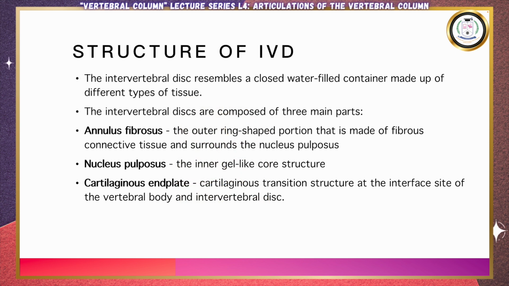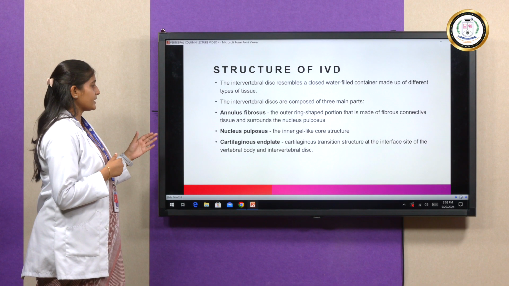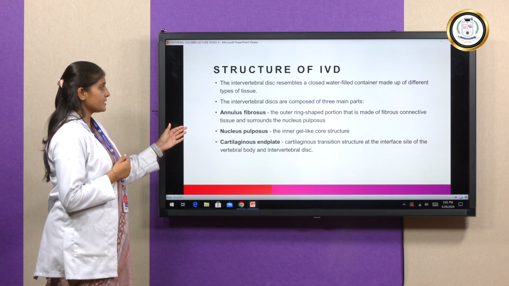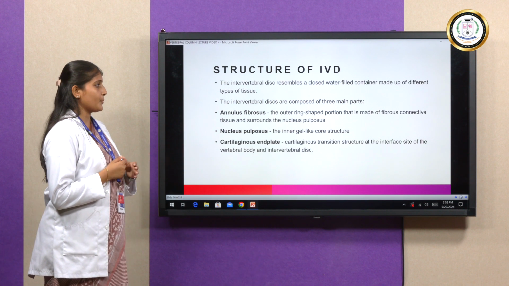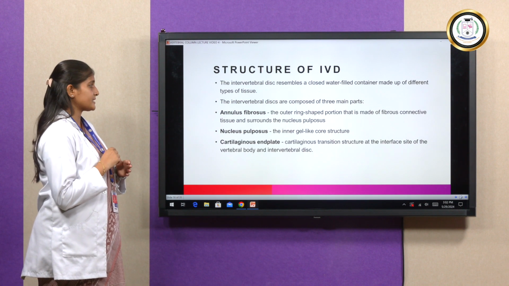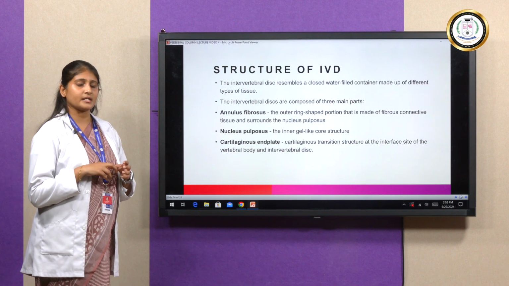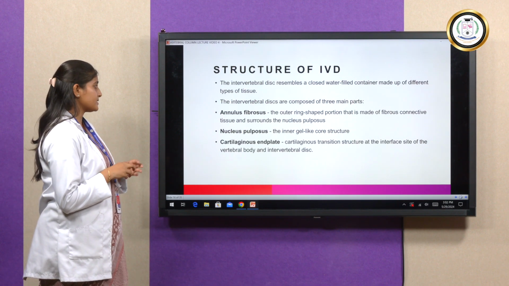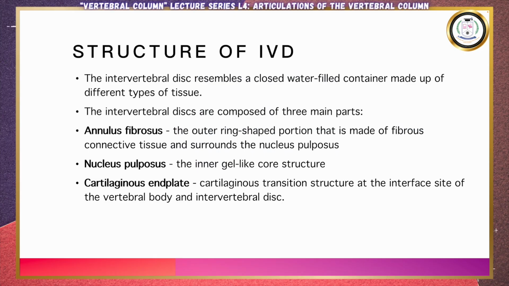Next we will see about the structure of the intervertebral disc. The intervertebral disc resembles a closed water-filled container made up of different types of tissues. The intervertebral disc is composed of three main parts. The first one is the annulus fibrosus, the outer ring-shaped portion made up of fibrous connective tissue which surrounds the nucleus pulposus, and the next one is the nucleus pulposus.